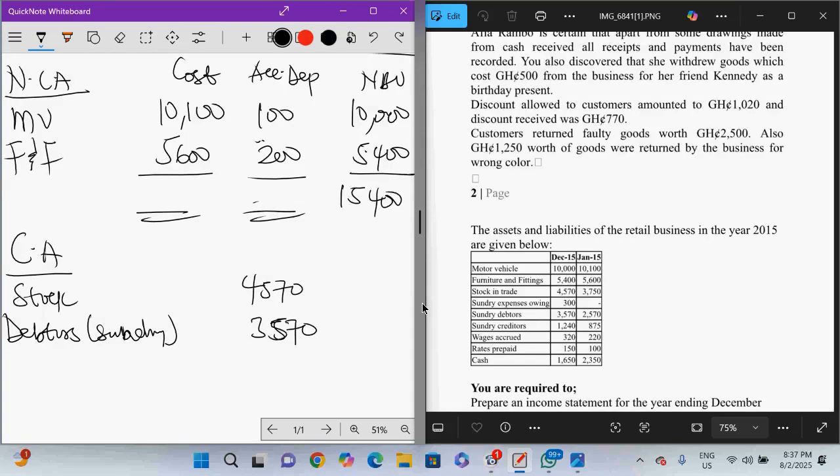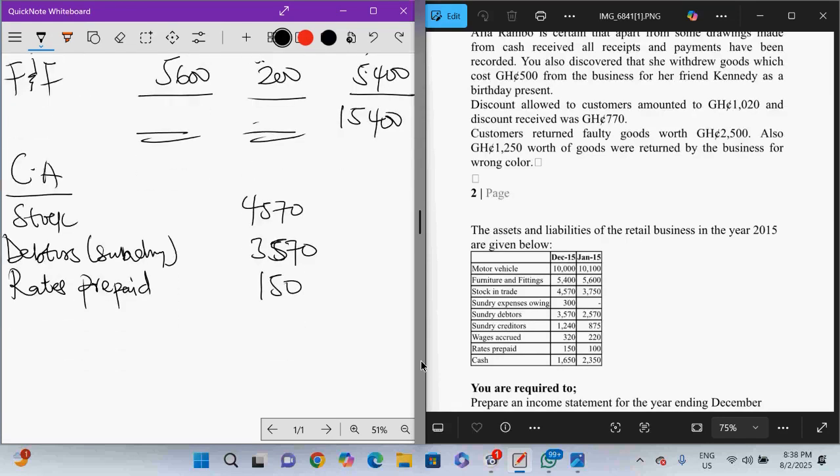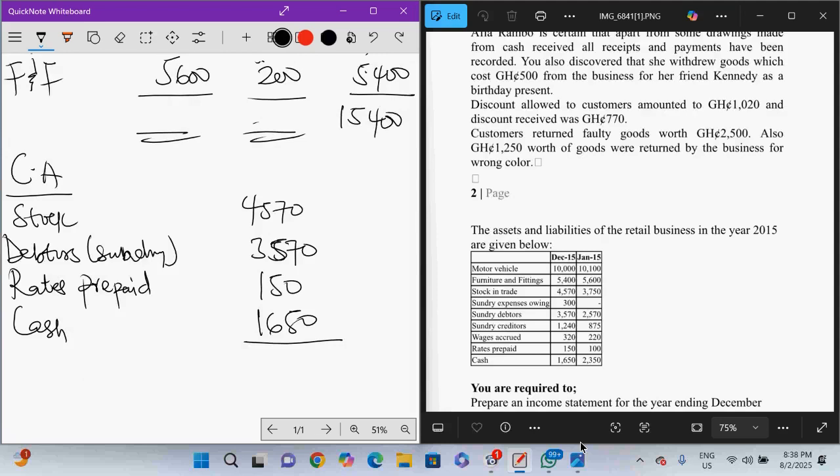So the statement we prepare is at the end, so that's why we are reading the end figures. Rate prepaid is an asset, right? We make some adjustments. Even the adjustments will go to the income statement, but here we use the closing figure. So rate prepaid at the end. Then cash, we use the closing one. Cash 1650. We use the assets and liabilities at the end.